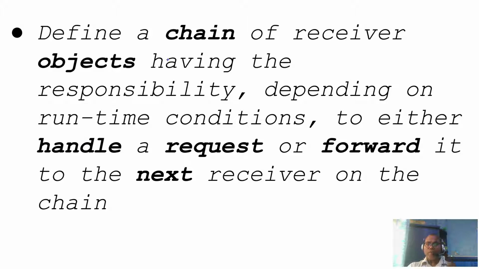As per the definition, a chain of receiver objects; in our example, the chain of authentication provider objects, having responsibility depending on runtime conditions. So we have conditions: our request type is OAuth or Gmail or Facebook, and accordingly we handle the request.